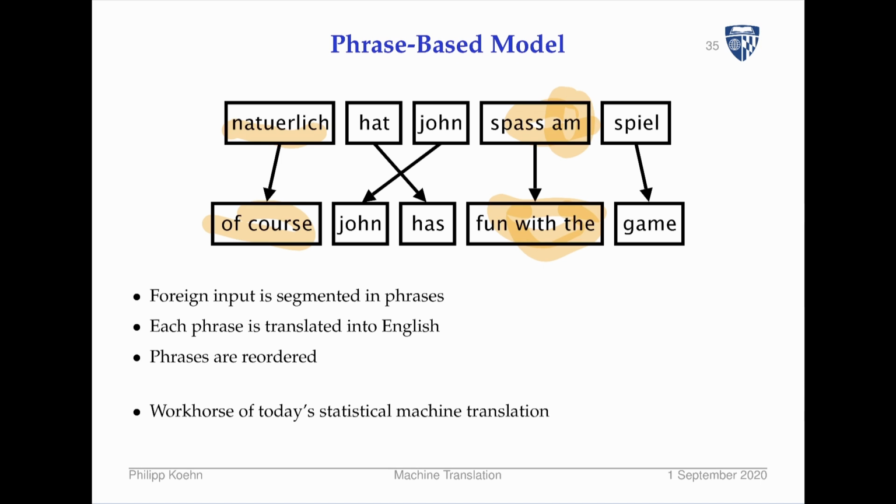You take a source sentence, split it up into phrases in arbitrary ways, really, and map each phrase into the foreign language and maybe reorder the phrases. This is the workhorse of today's statistical machine translation method, although they have obviously been supplanted more recently by neural methods.